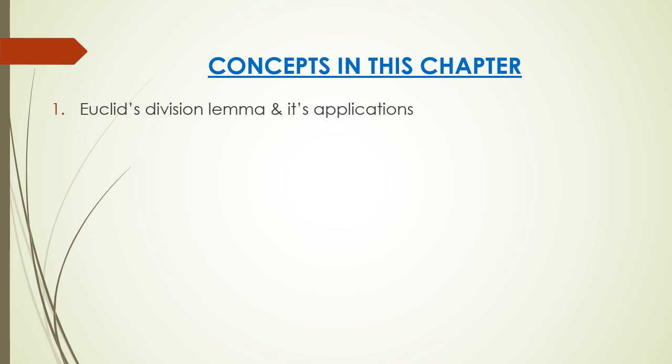And we can use Euclid's division lemma to find the HCF of two numbers, and also to decide the types of different numbers. The second concept which we are going to study in this chapter is the fundamental theorem of arithmetic, which deals with prime factorization of the given positive integers, by using which we are going to find the LCM and HCF of two numbers, and also we are going to establish a relationship between LCM and HCF.